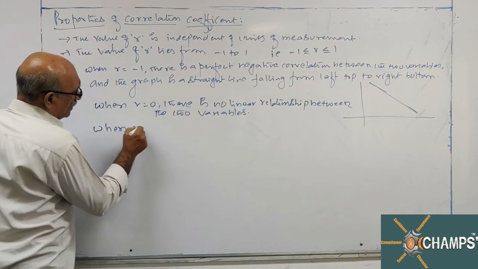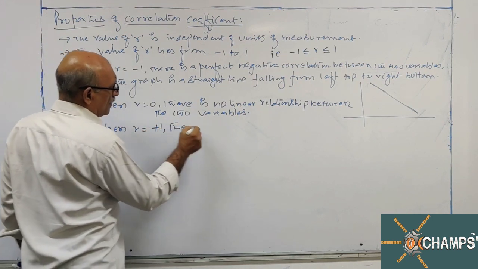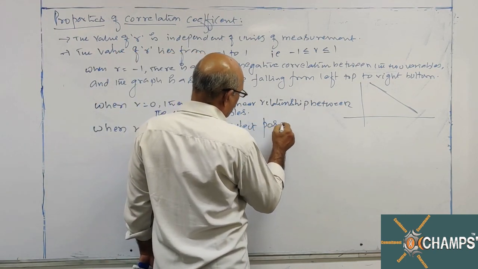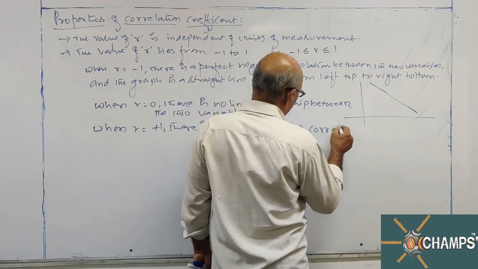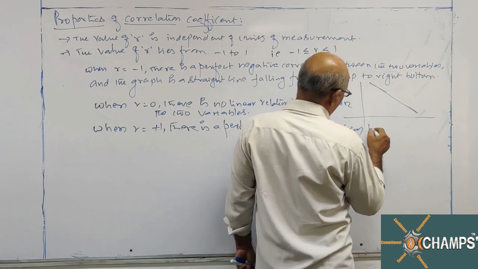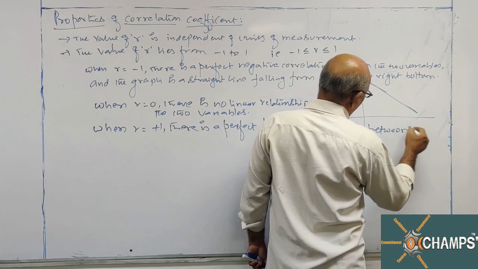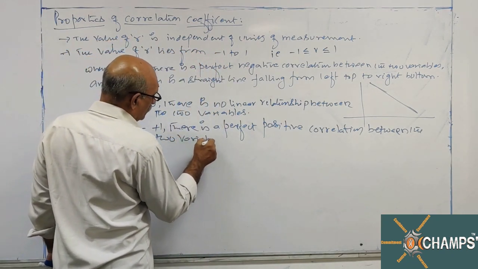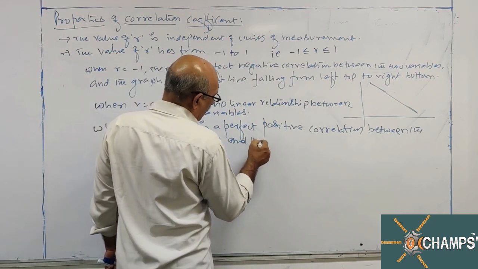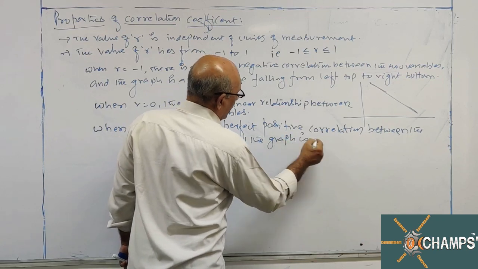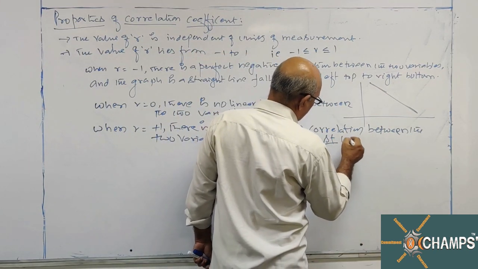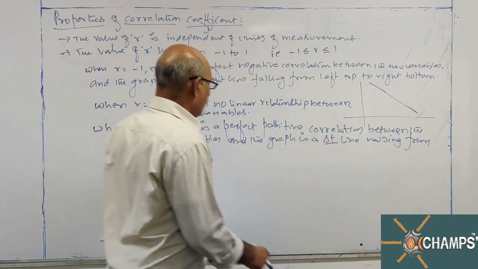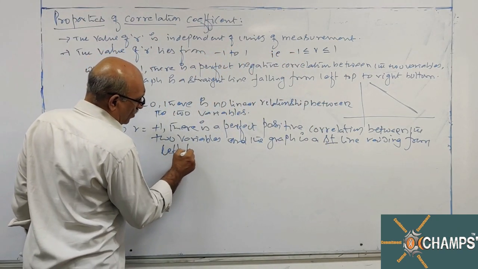When r is equal to +1, there is a perfect positive correlation between the two variables and the graph is a straight line rising from left bottom to right top.